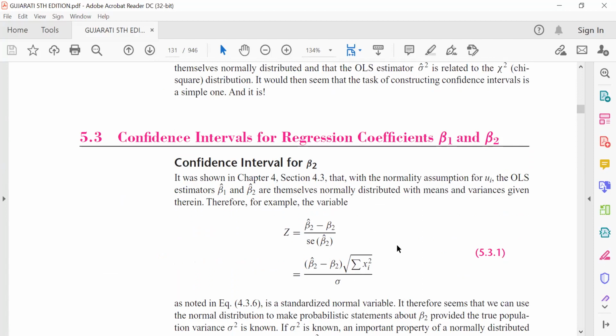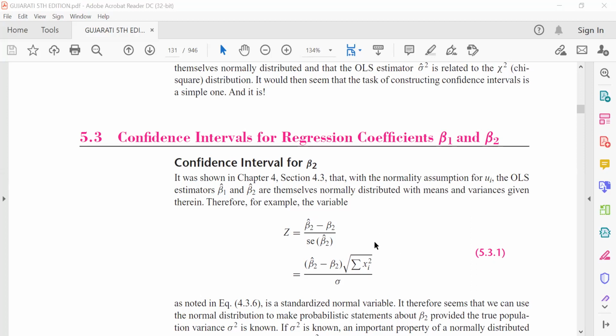We use a normality assumption for residuals in our classical linear regression assumptions, that the residuals are normally distributed. So because we have a normality assumption on the residuals, the estimator also has a normal distribution.